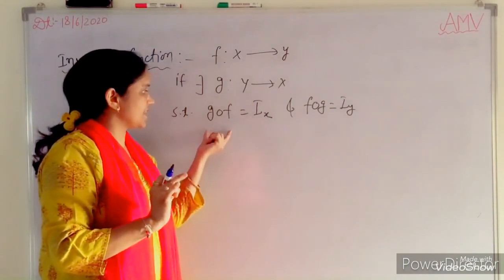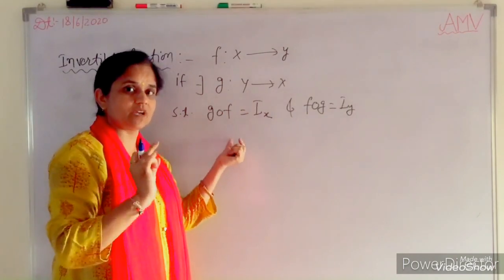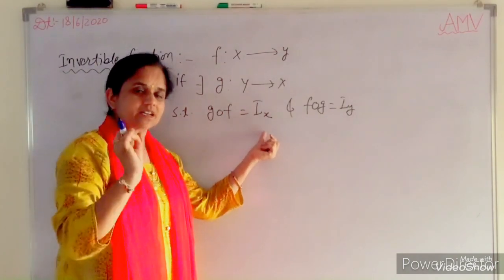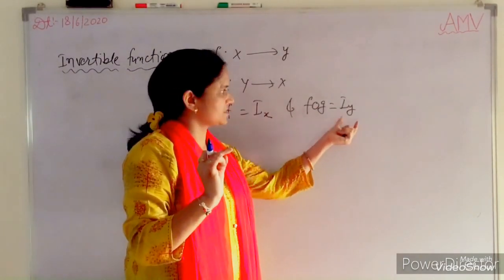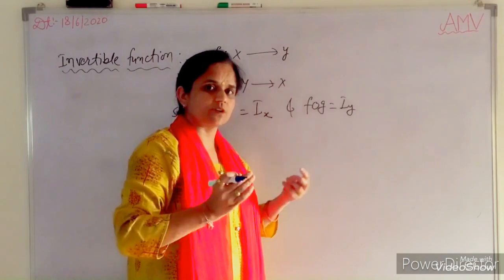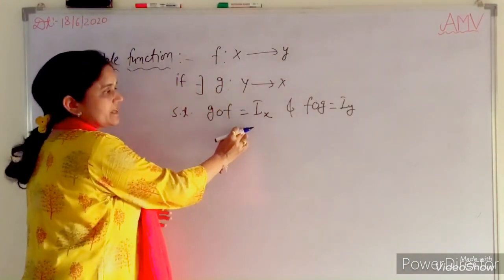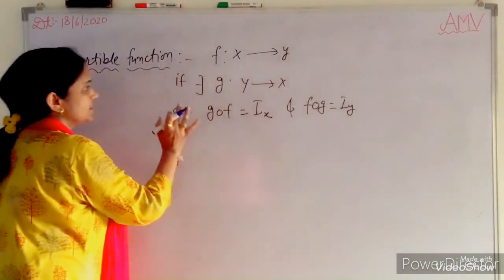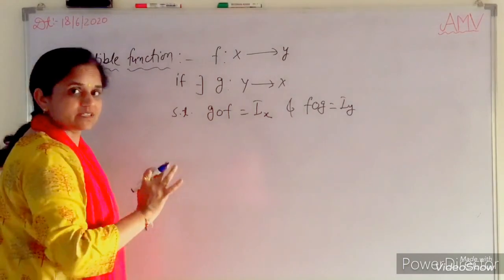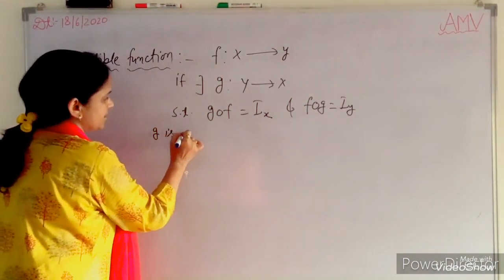It means that the image of any element of X under gof is x, and the image of any element under fog is itself. It is known as the identity function. If gof is equal to Ix and fog is also an identity function, then only the inverse exists.